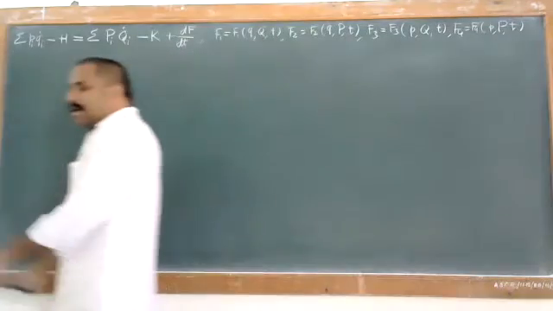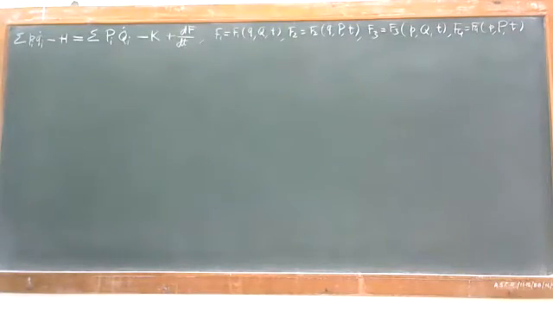Okay, what were the conditions? The first point is that small pi is nothing but gamma F1 by gamma small qi. What about the second thing?